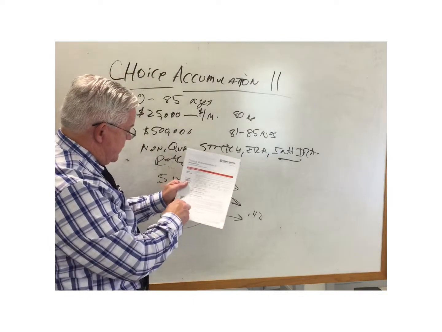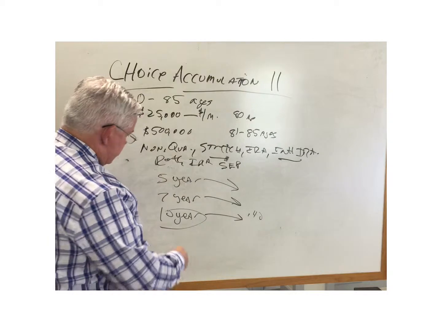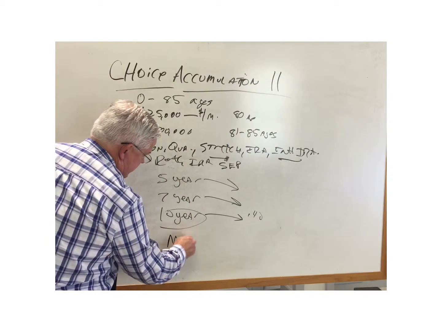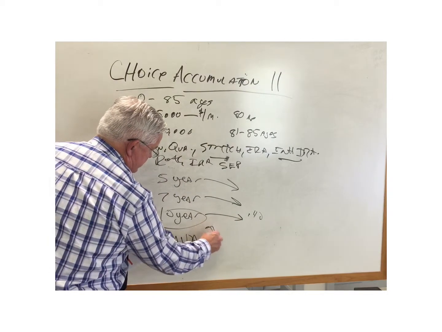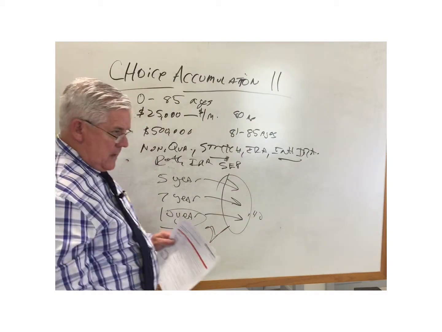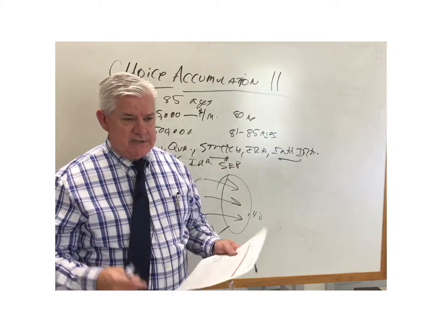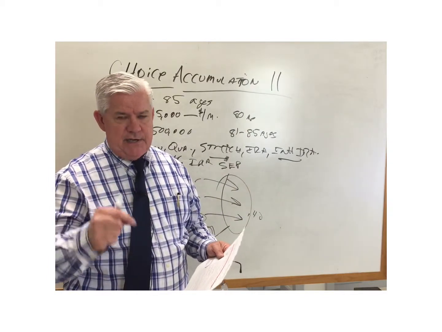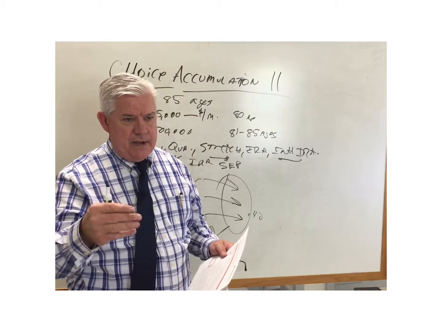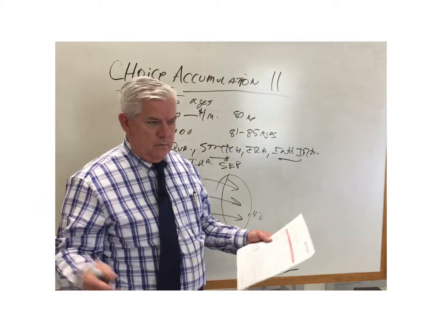Now, also you have a market value adjustment if they cash it out. Now, this is only during the surrender charge period of time, okay? But basically how a market value adjustment works is it's an extra charge that the insurance company can levy or a benefit to the families depending on what they're doing.